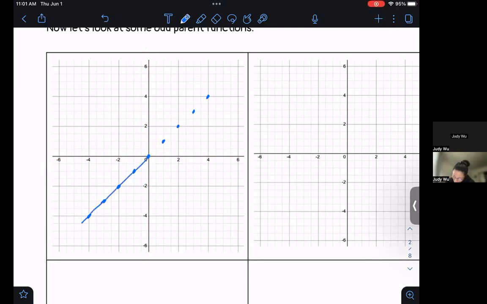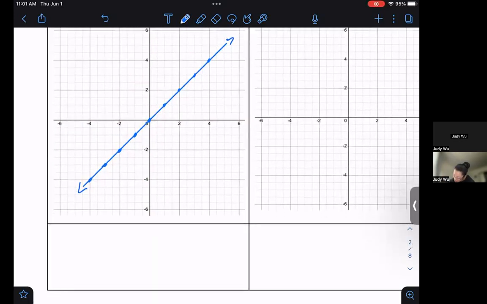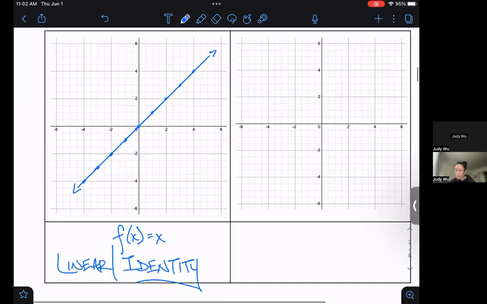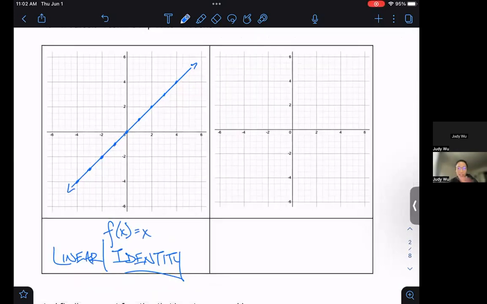So let's connect all of these. We say the equation is f of x equals x. It is linear, but sometimes folks call it the identity equation or identity function, because whatever you put in for x is exactly what you get out for y.